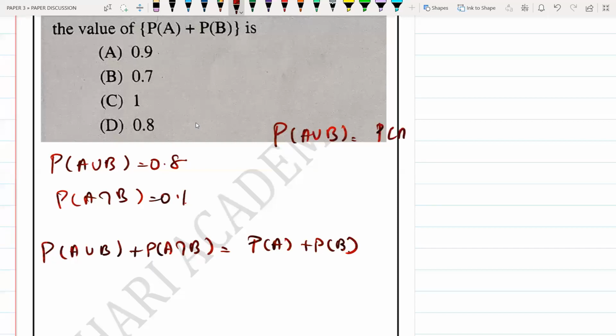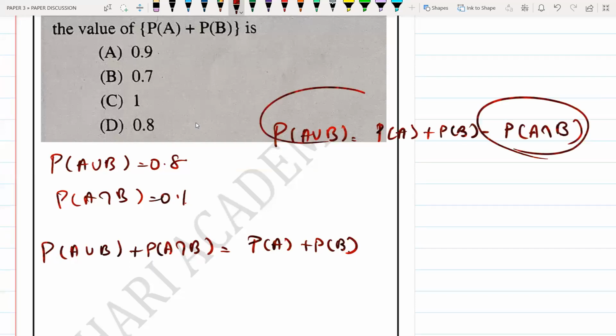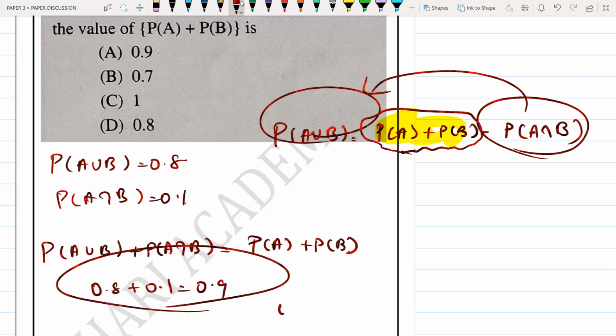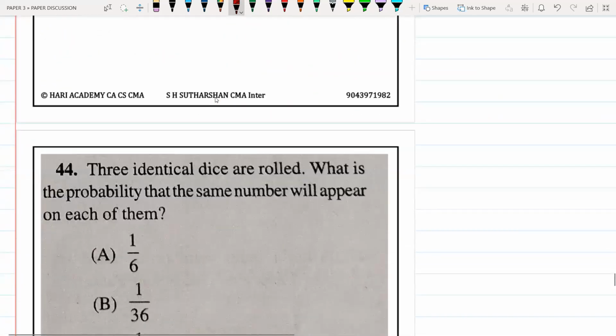P of A plus P of B minus P of A intersection B. They have given these two, so this minus will become plus, and I can easily find the value they are asking. So it is nothing but 0.8 plus 0.1. Whenever you are strong with the formula, just do these sums orally and save so much time, my dear. Don't feel difficult in this paper.